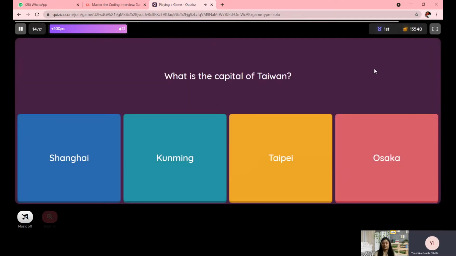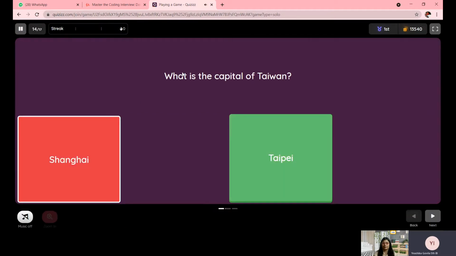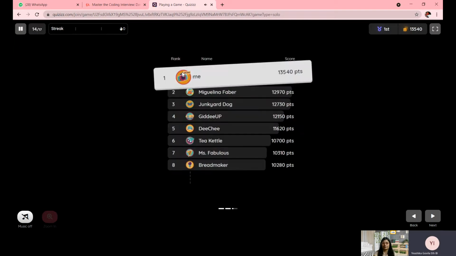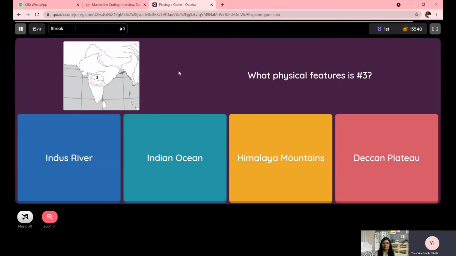What is the capital of Taiwan? Taiwan. Shanghai. Taipei. What physical feature is 3? 3 should be Deccan Plateau.